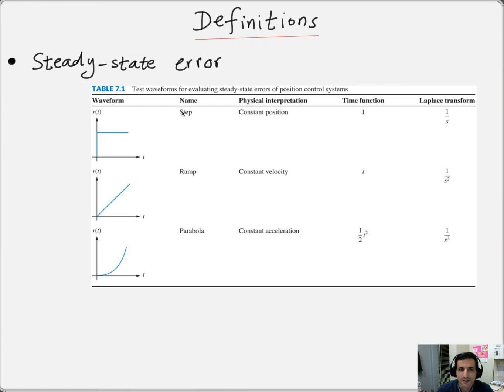A step is like a constant position that you want to track. A ramp would be constant velocity, and a parabolic function would look like a constant acceleration that you want to follow.